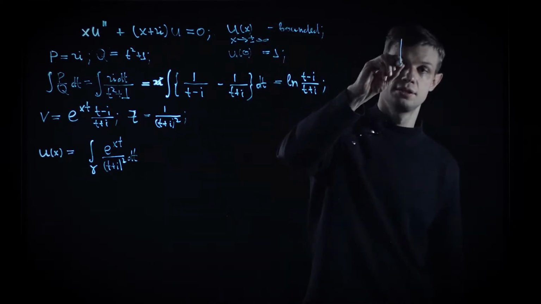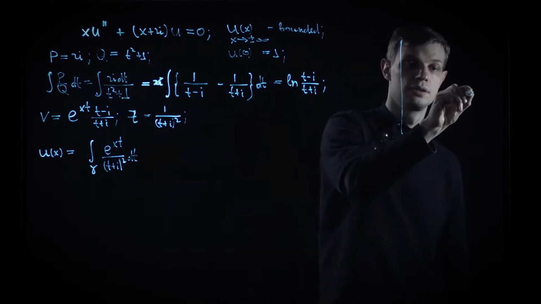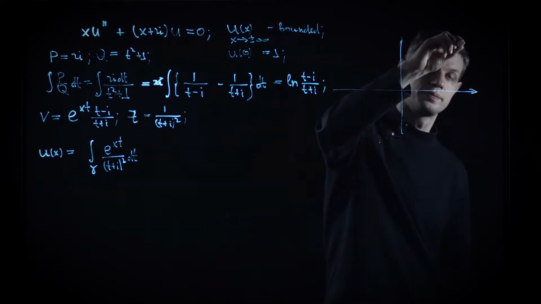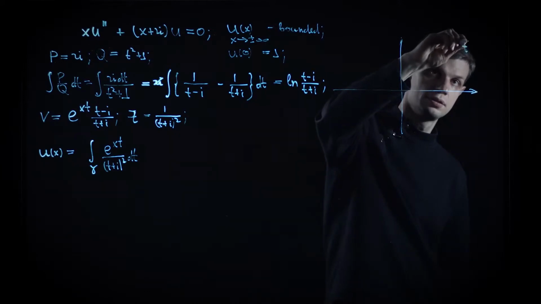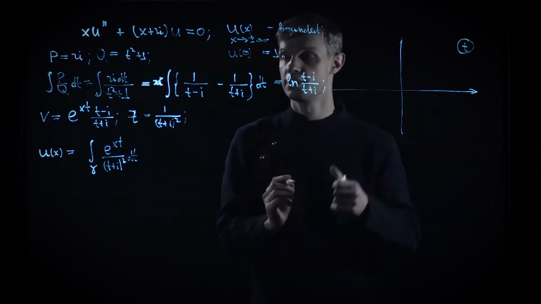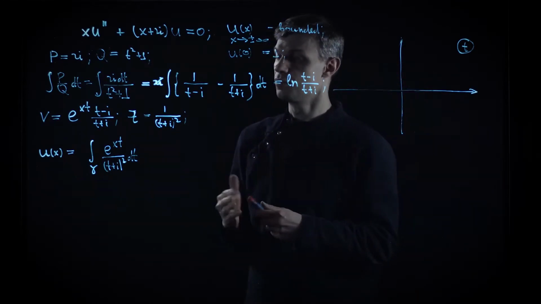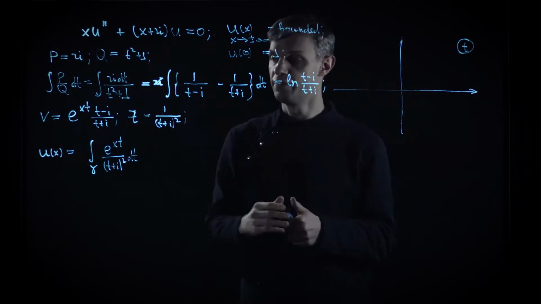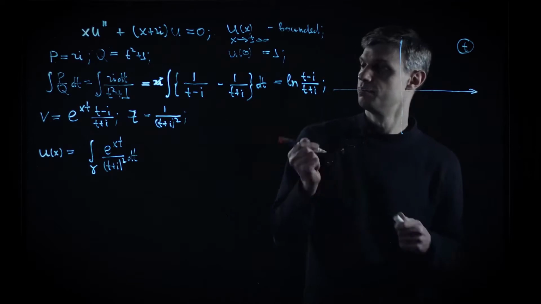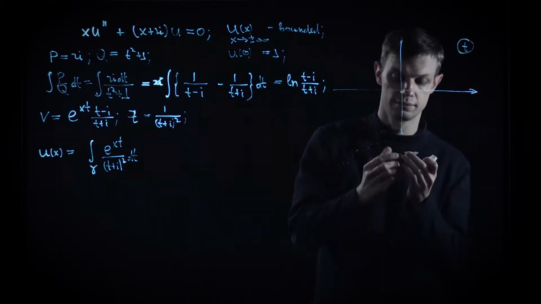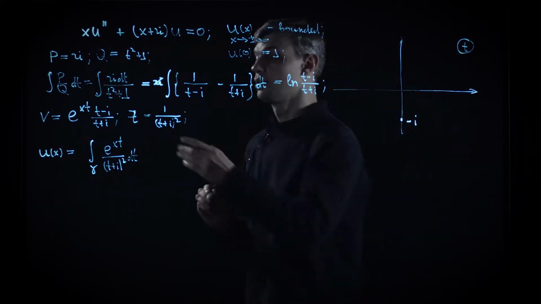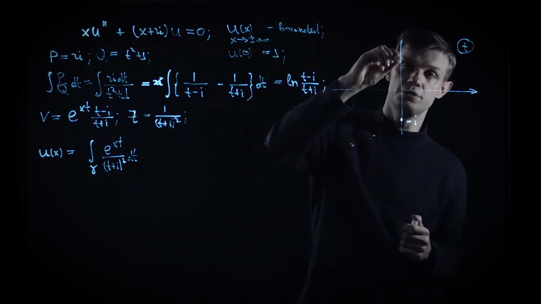So let's draw the complex plane of the t variable and point out the singularities or special points of our V function. The V function has a pole at the point minus i and a root, a first order root, at the point i.